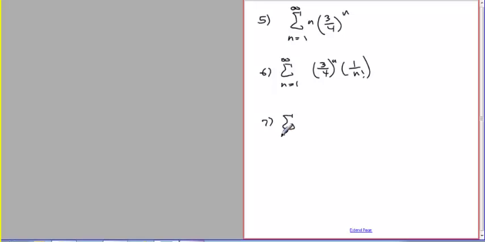And what we're going to be looking at is the partial sums. So we take the first term and then we add the first and second terms. Look at that.